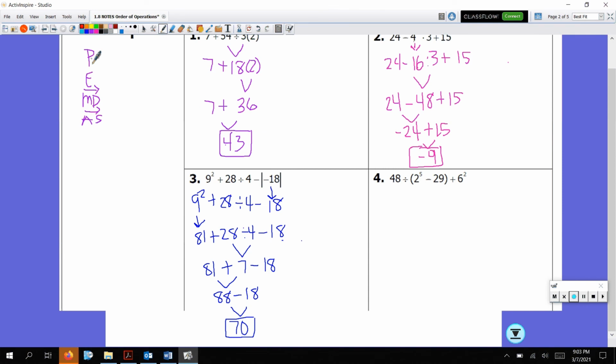All right, PEMDAS. P stands for parentheses or grouping symbols. Inside here, I have 2 to the 5th power minus 29, right? Parentheses are grouping symbols. So 2 to the 5th power is 32. So I'm just going to write this down for now. 32 minus 29 plus 6 squared.